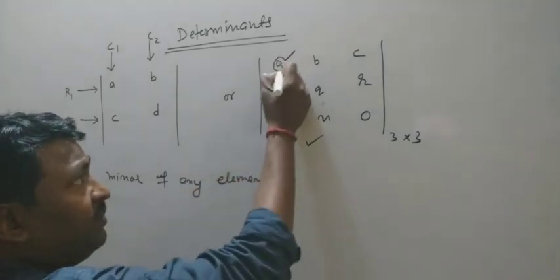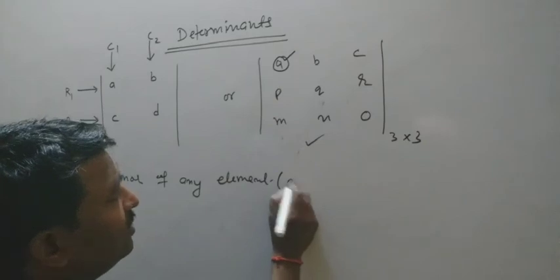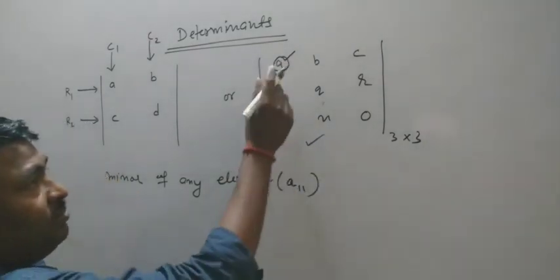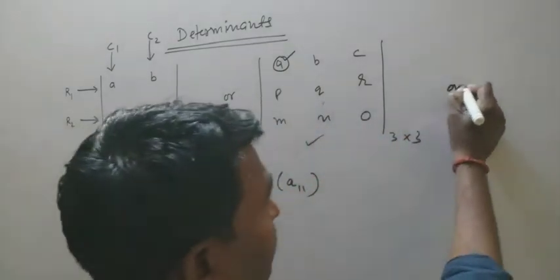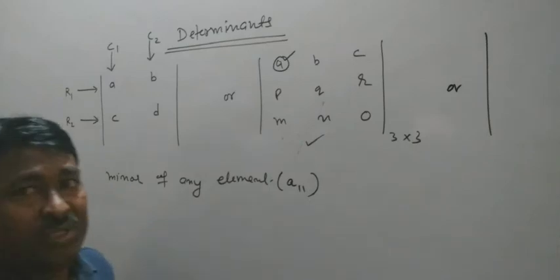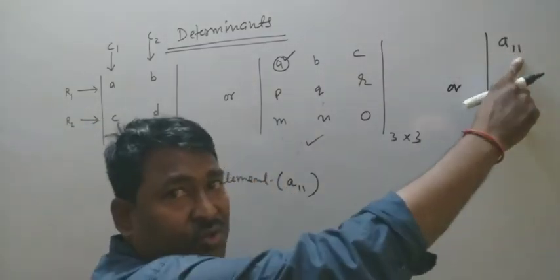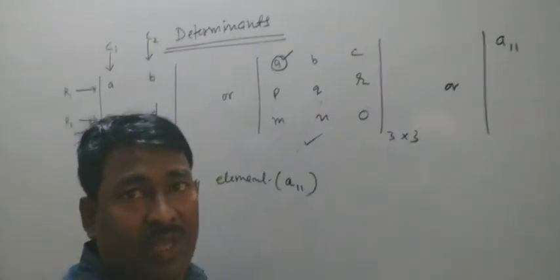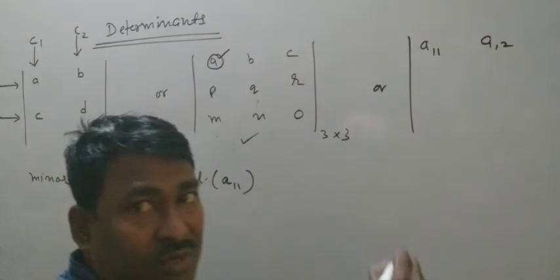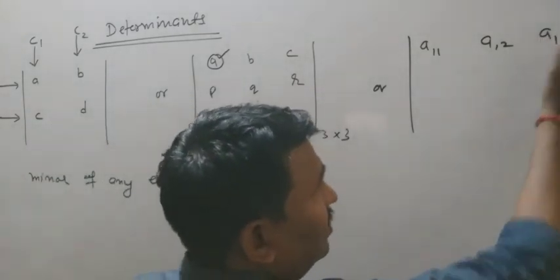Suppose this element is A11, means just see here, or you can represent by putting their position. Here this one, A11, means the element of first row and first column. Here element of first row and second column, element of first row and third column.